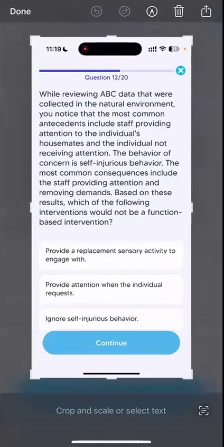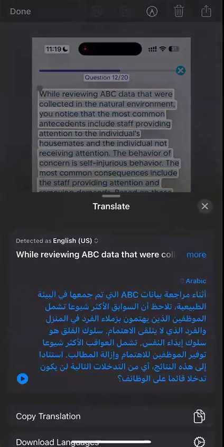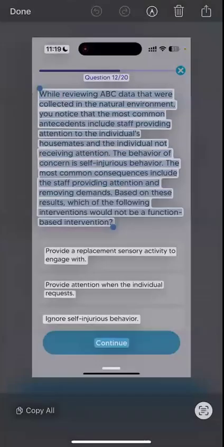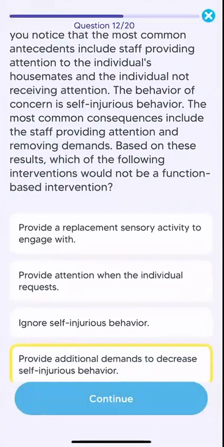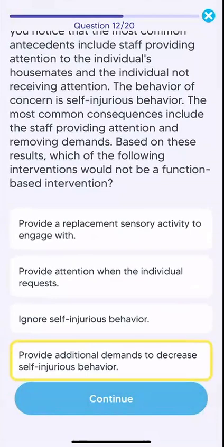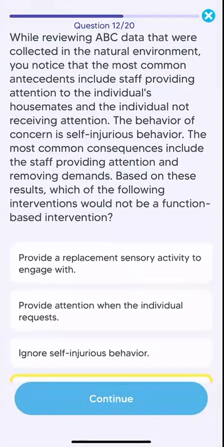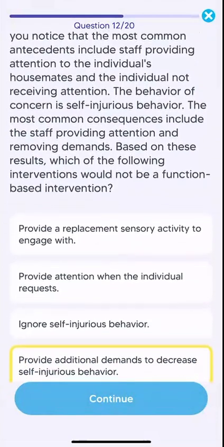Hello, are you here? I'm with you. I'm reading. Okay, let me translate it further. No, I didn't get the answer. But in the question, they said the nanny doesn't give him attention, then he does the self-injurious behavior.